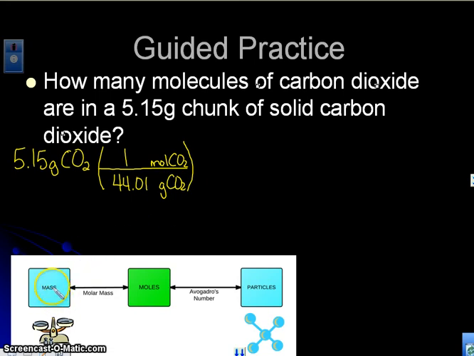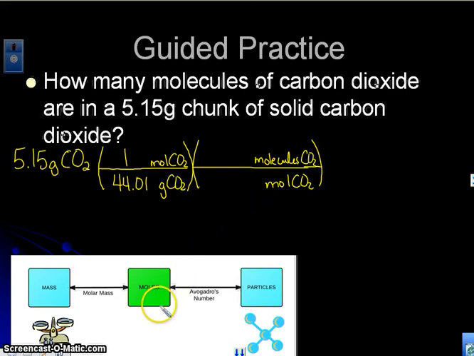So we've used our information to get from mass to moles, and now we need to go from moles to particles. So we need to set up another conversion factor, and we're going to put moles of CO2 on the bottom so that they will cancel, and we're trying to get to particles, so we're going to go to molecules of CO2 on top.